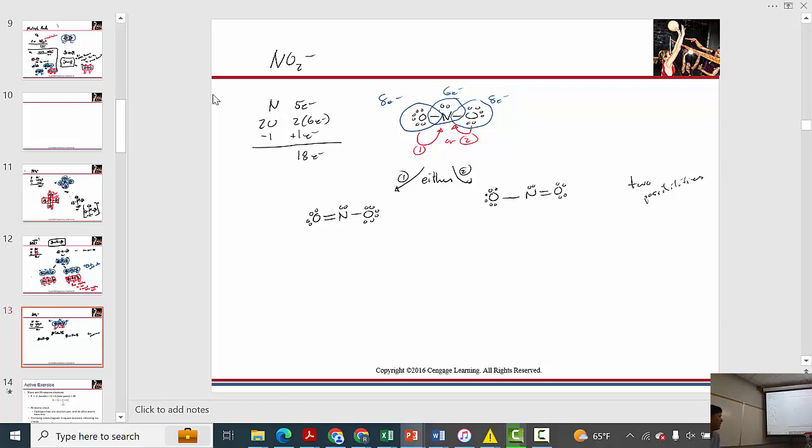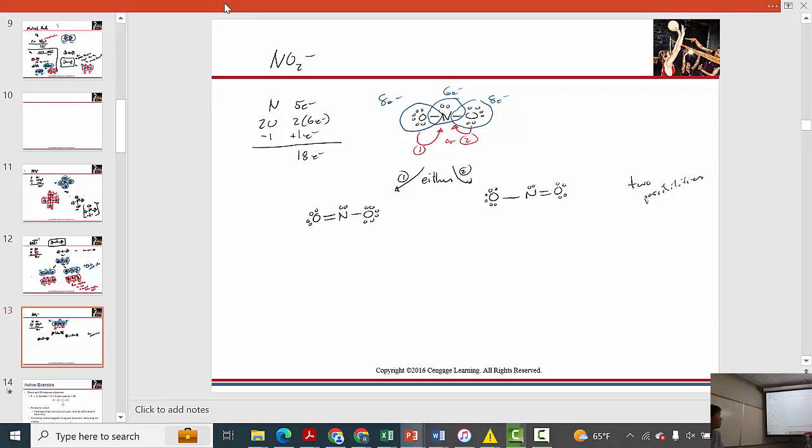Is one of these better than the other? Well, they look the same, don't they? Yeah. They look the same. And so we end up with these 2 forms.